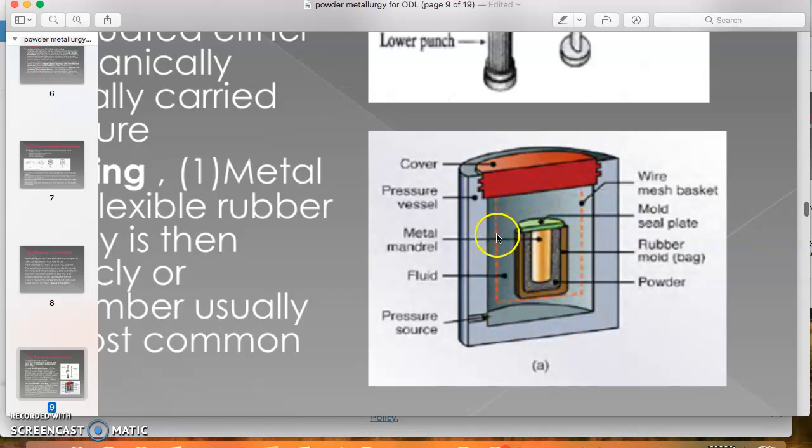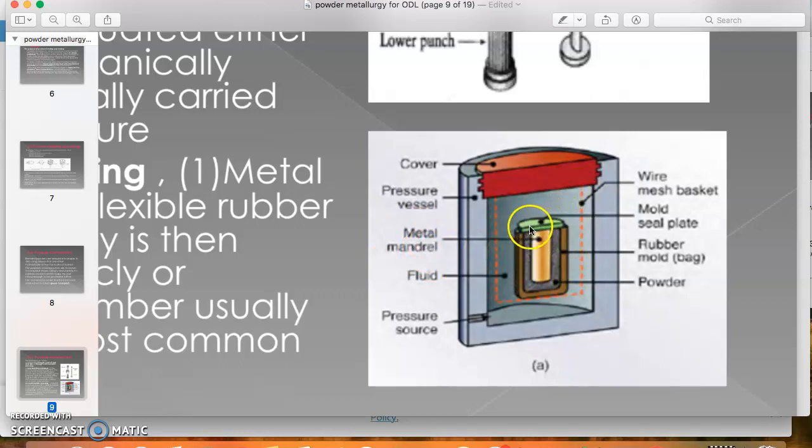Usually we can use water, and then in the middle we have a silicone rubber mold, and inside the silicone rubber mold we put the metal powder. The gray color is the metal powder, and because the product is hollow, we put a metal mandrel in the middle of the mold.